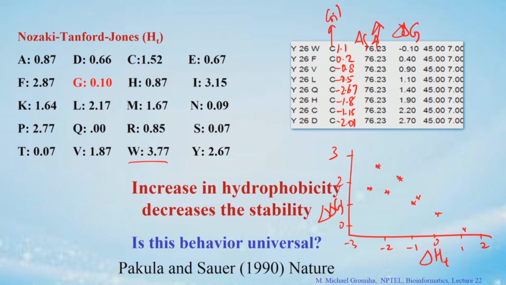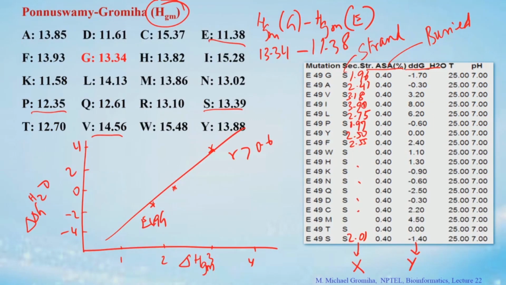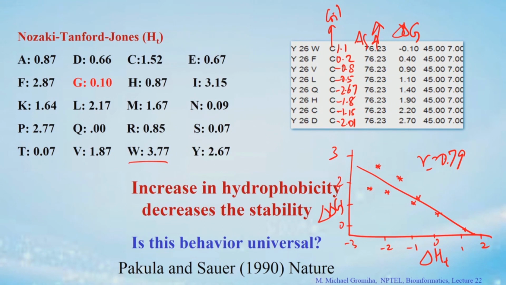How about the correlation here? You can see an inverse correlation, and the correlation coefficient is equal to 0.79. So, if you see the mutations, one is at the surface in the coil region, one is buried. For the buried one we can see a direct relationship between the hydrophobicity and stability, but in the case of the coil mutation, look at the surface, right, you can see an inverse relationship between the stability and the hydrophobicity.